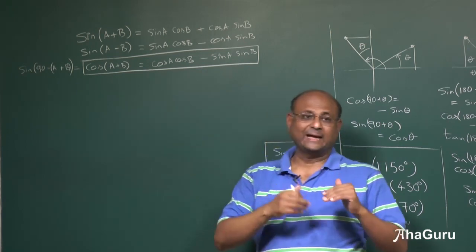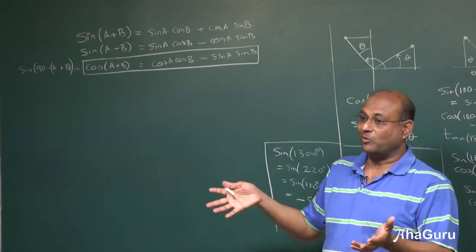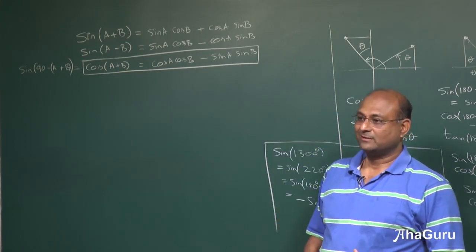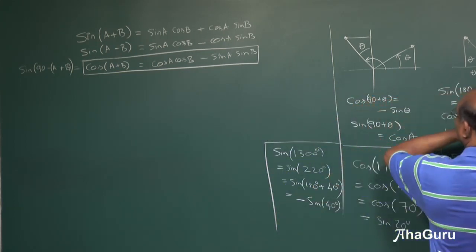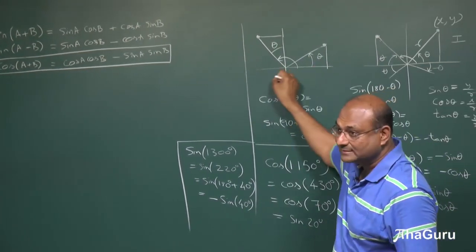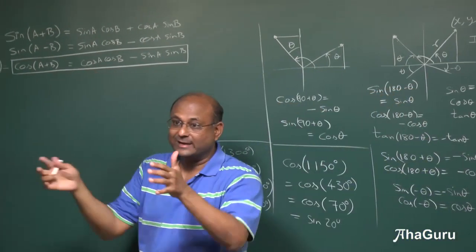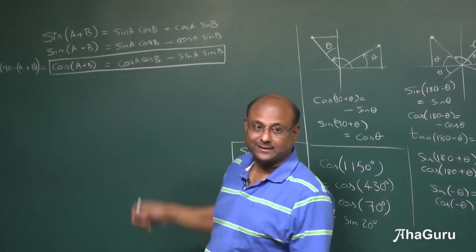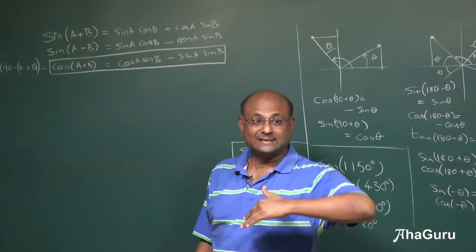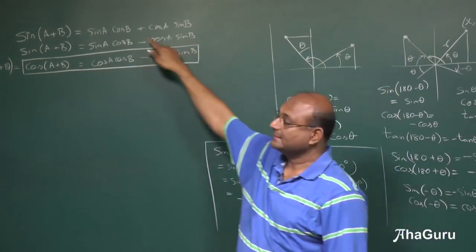Because as the angle increases, cos decreases. The larger the angle, the smaller is the cos. Think about it. As the angle increases, look at what is happening to the x coordinate, it's coming down. So that means I am adding more angle, I must actually get the value to become lower. That's why the minus sign. Whereas as the angle increases, sine increases. That's why the sine ends up having a plus sign.